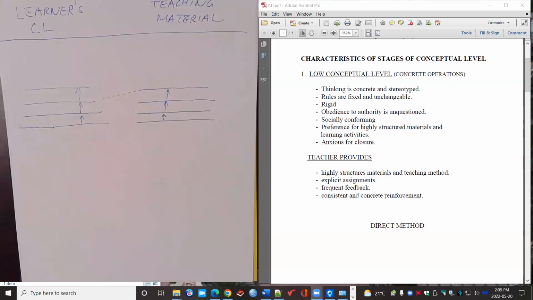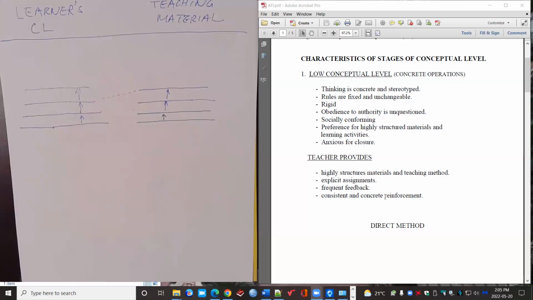Consistent and concrete reinforcement. Consistency, accentuate the positive, concrete reinforcement so that they could see it. Nothing abstract at this stage. And remember, 7 to 11, concrete operational stage.